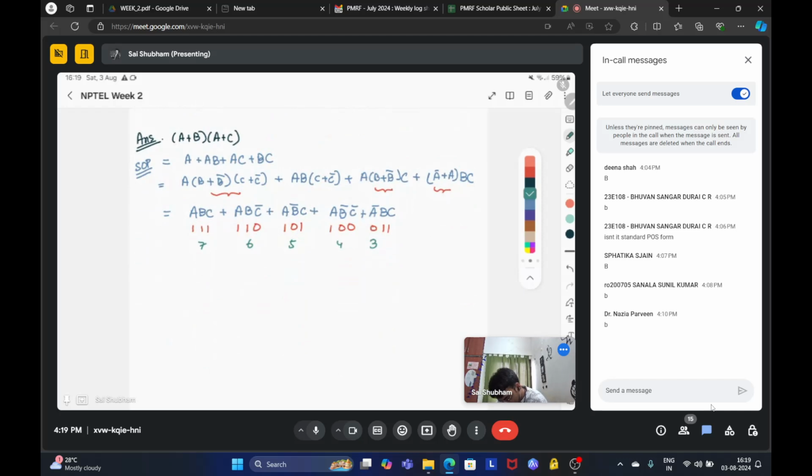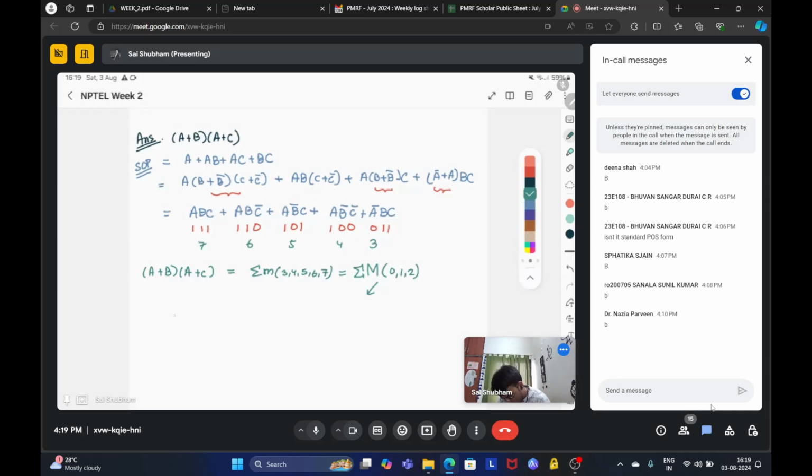Now, A plus B into A plus C is basically 3, 4, 5, 6, 7, and we want the product of sum expression, which is capital M, and here you will write the remaining digits, which are 0, 1, 2. Fine.